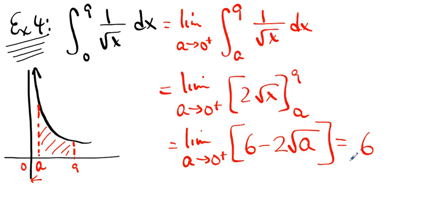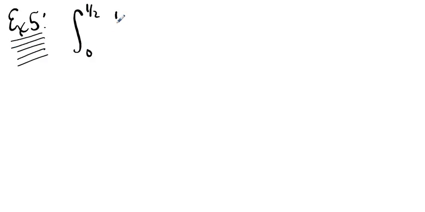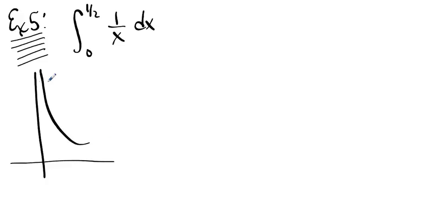I'll give you one more shot at it. Let's take a look at the integral from 0 to a half of 1 over x dx. Again, it's a situation where there's a half, and this area is unbounded going this way.